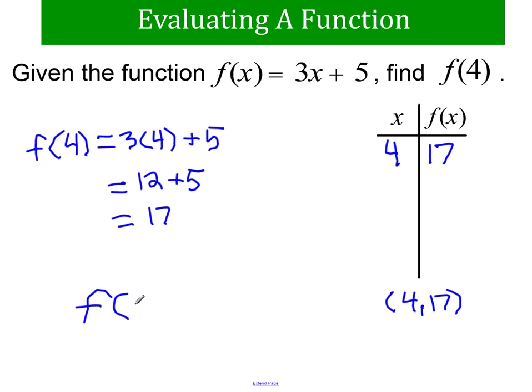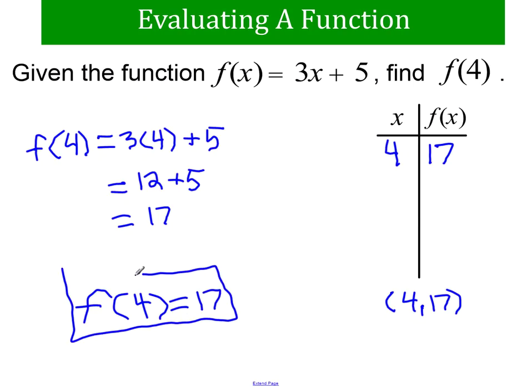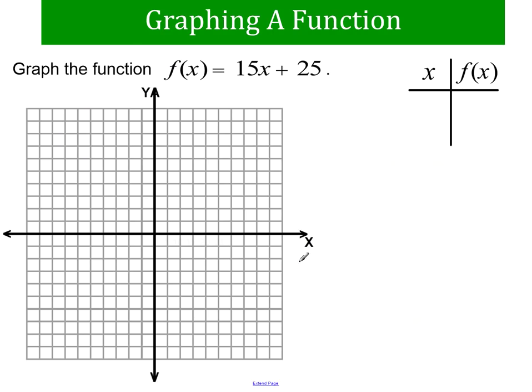It's saying f of 4 is equal to 17. This is my final answer. You can think about this as a coordinate point, as we wrote on the right there. f of 4 is equal to 17, input 4, output 17. Evaluating a function.